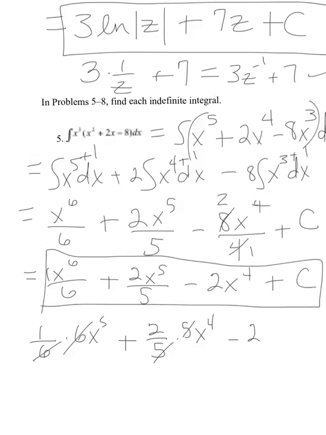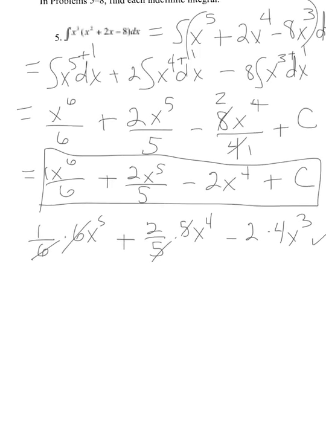Pull down the 4, and it becomes x to the what? 3rd. Is that my minus 8x to the 3rd? Checks. We did it right. Okay, do we have any questions so far? All right, let's look at a few more.